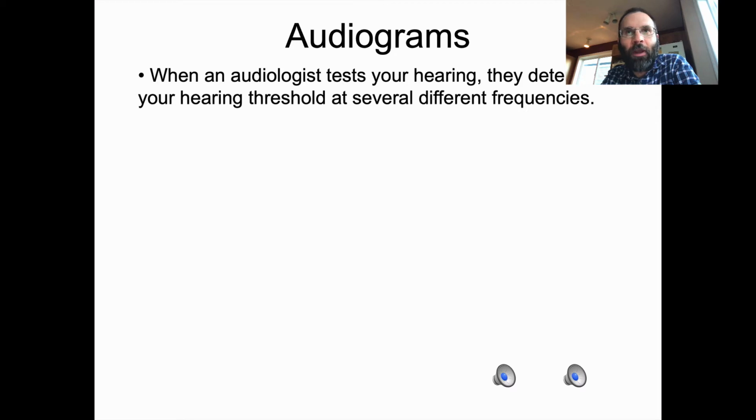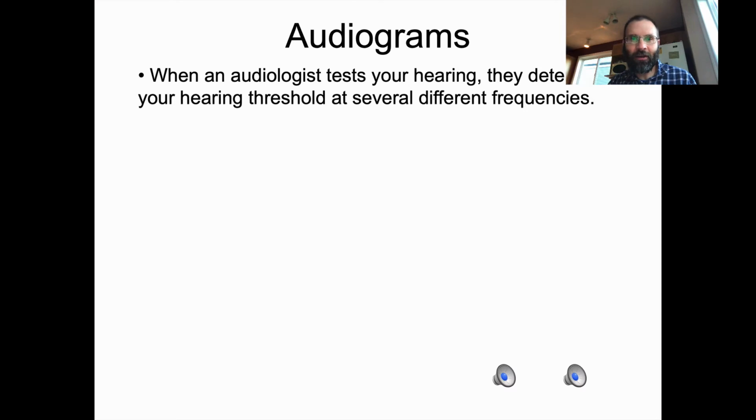So, the way a hearing test works is that you will sit at a desk or something with a set of headphones on, and then the audiologist will play a series of tones to each ear independently. And if you hear a tone, you're supposed to raise your hand.